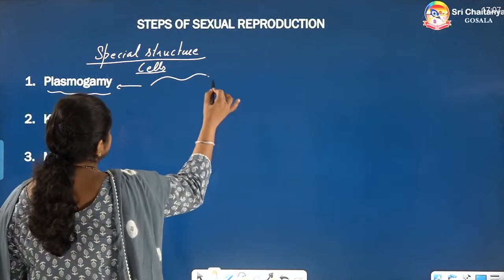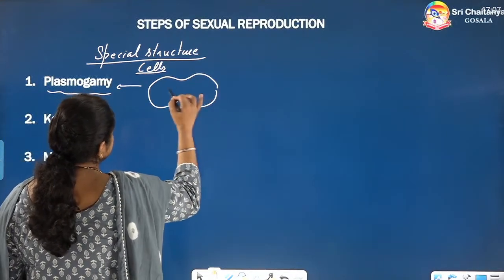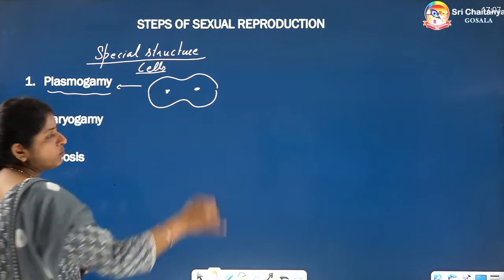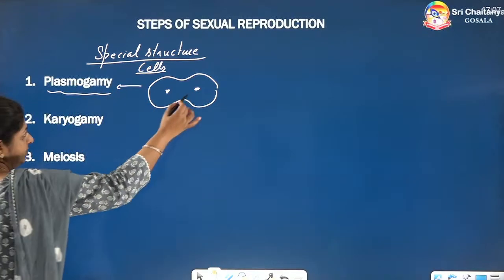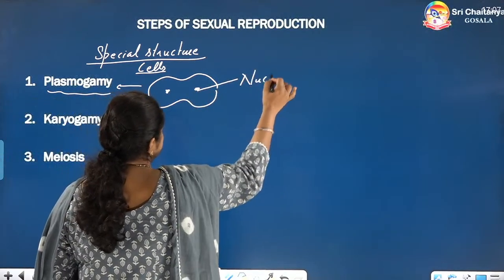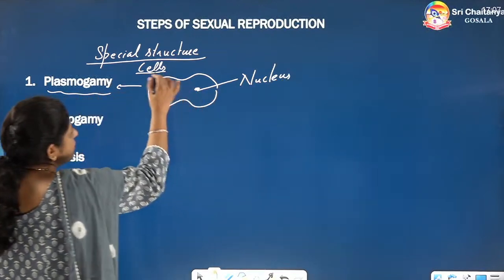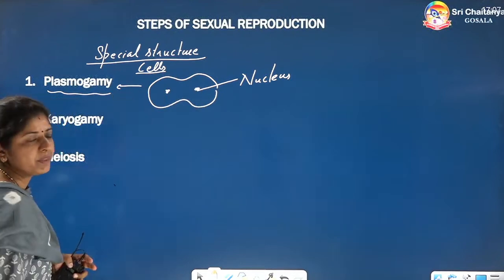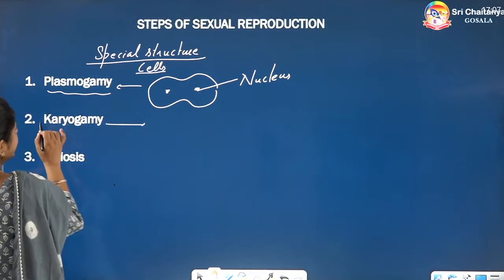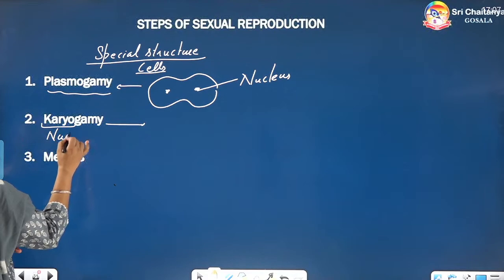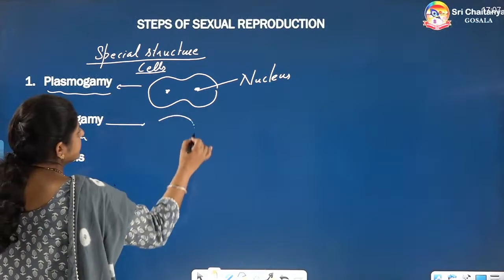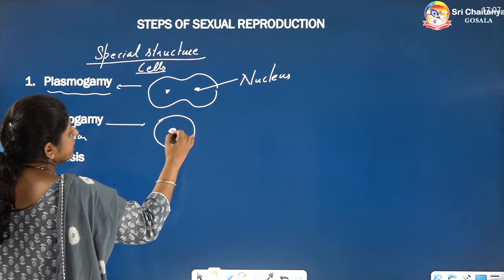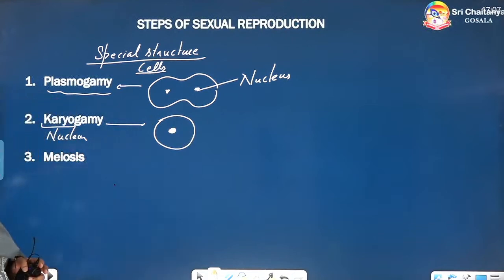When the two cells fuse, the process is called plasmogamy. This is the nucleus, this is the second nucleus of the two cells. The fusion of the cells is plasmogamy. Then comes karyogamy. Karyo means what? Nucleus. Now what is fusing after this? Their nuclei are going to fuse. That you call karyogamy.